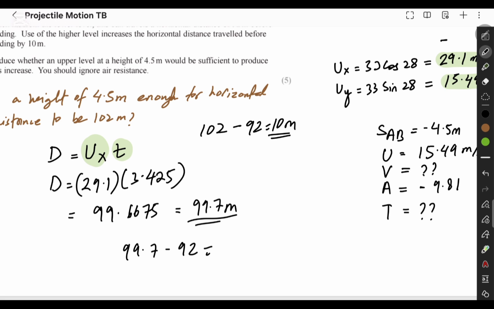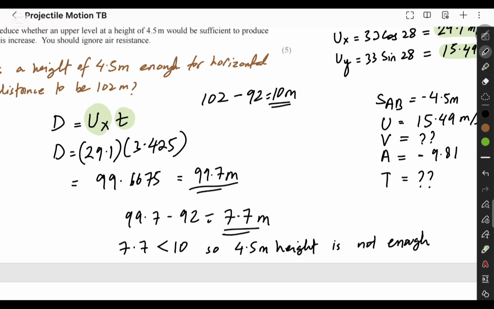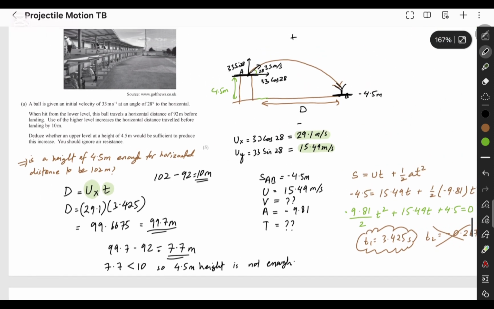That's going to be 7.7 meters. So you can say 7.7 is less than 10. So 4.5 meter height is not enough. I hope that's clear.